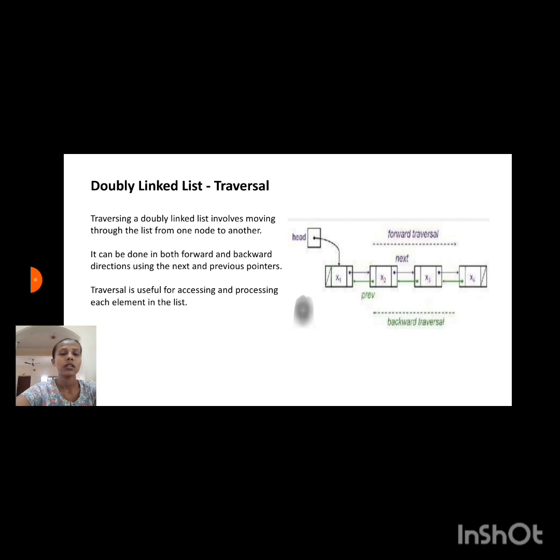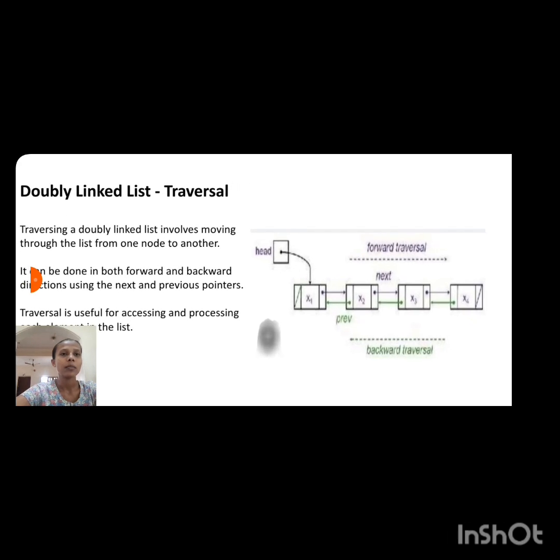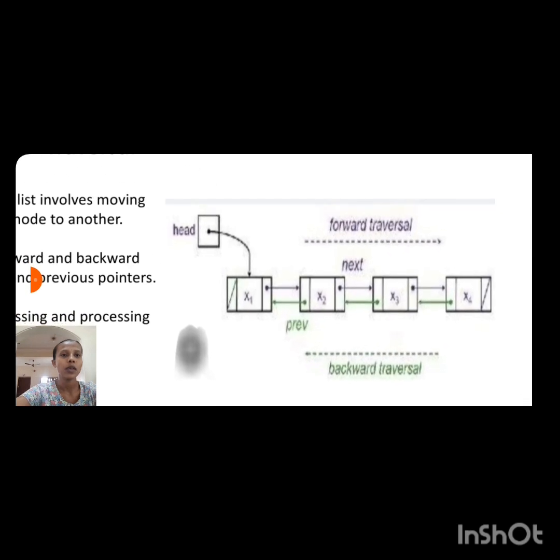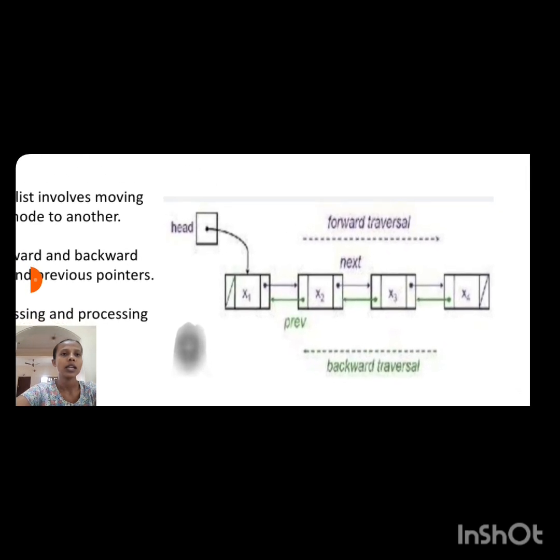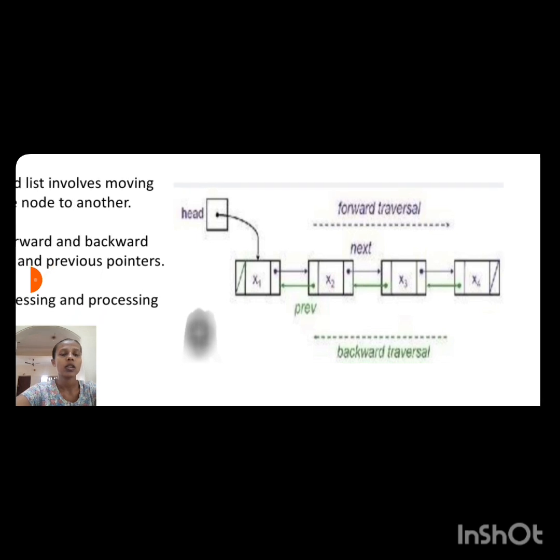Traversal is useful for accessing and processing each element in the list. It is an example. The head goes to x1, x2, x3, x4, and x2 is the previous, showing forward traversal and backward traversal.